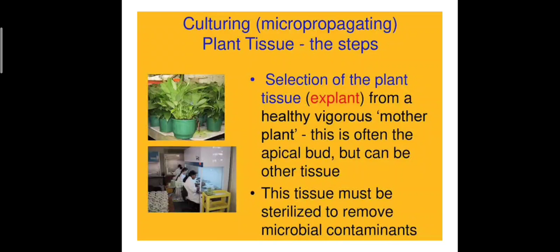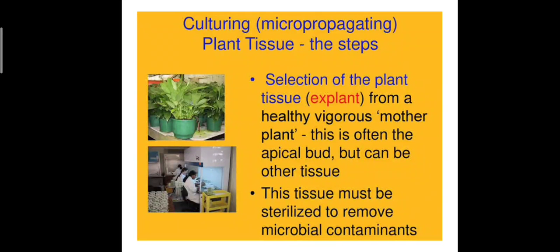Okay, so the first step is explant selection. The most actively growing tissues are taken for culturing. So we select the most actively growing tissues as the explant, and it should be free from any disease also.